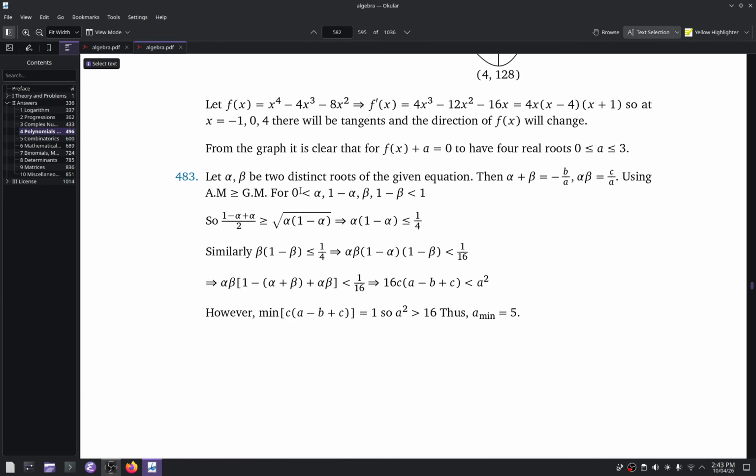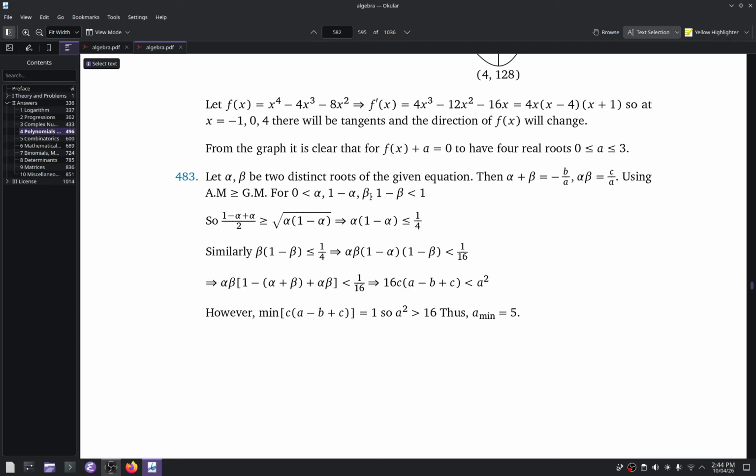So the correct statement should be 1 less than alpha, comma beta less than 2. And the second statement should be written like 0 less than alpha minus 1, comma beta minus 1 less than 1.